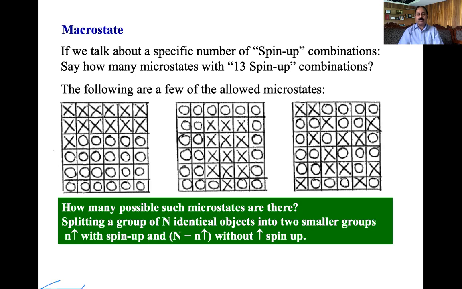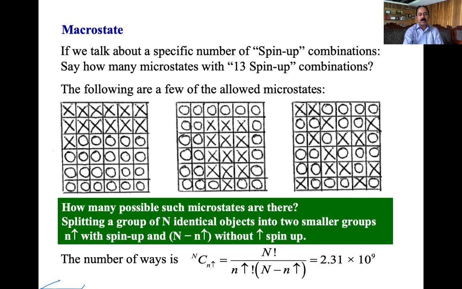In that case, we have to go to the combinatorial concept, or combination. That means basically you are splitting N identical objects into two smaller groups, one having n up arrow with spin up, and the remaining N minus n particles with spin down, right? Then how many ways can we arrange this? This is simple mathematics, the combination.